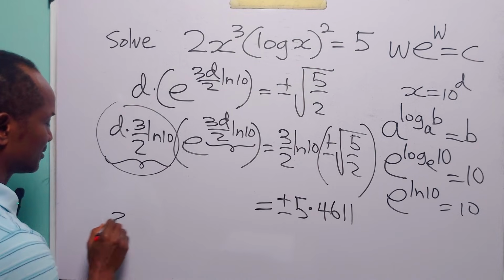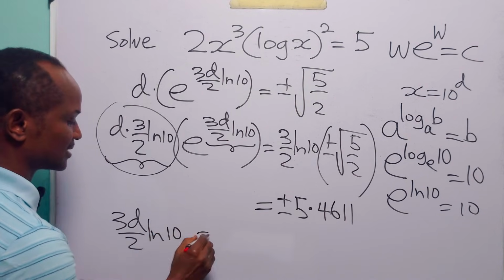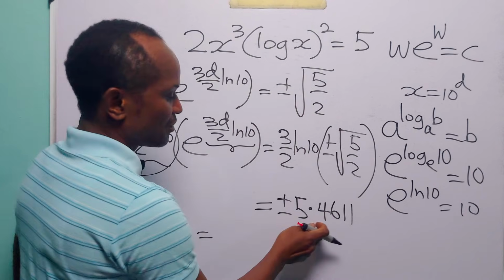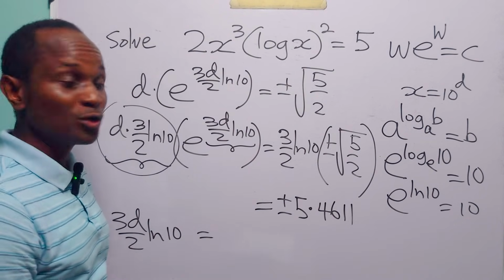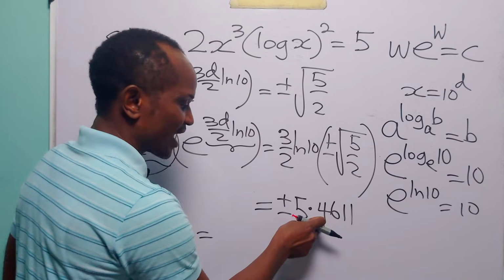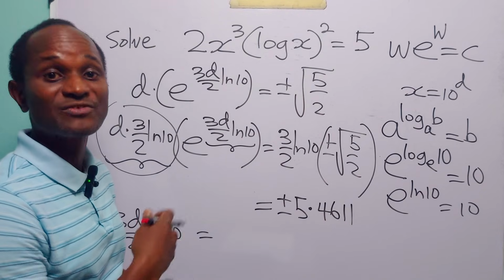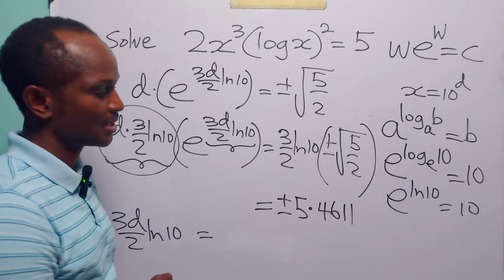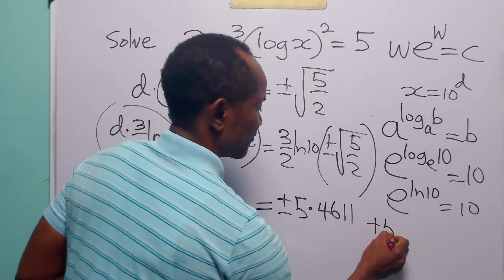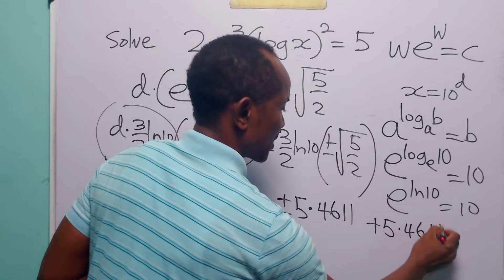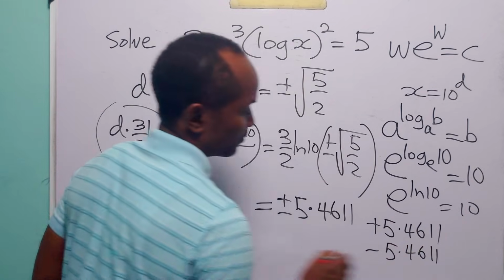So we have 3d over 2 ln 10 is equal to, when we apply the Lambert W function to the right-hand side, all we do is to input this value into a Lambert W function calculator. We have several of those online. Now remember that we have two values here. We have plus 5.4611 and we have minus 5.4611.